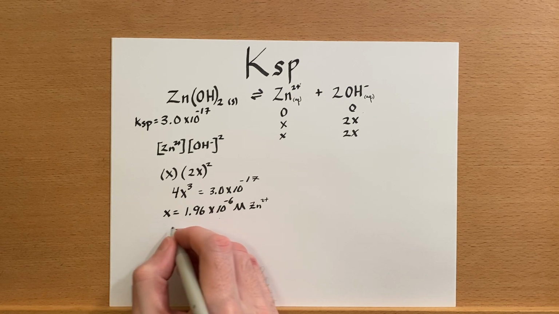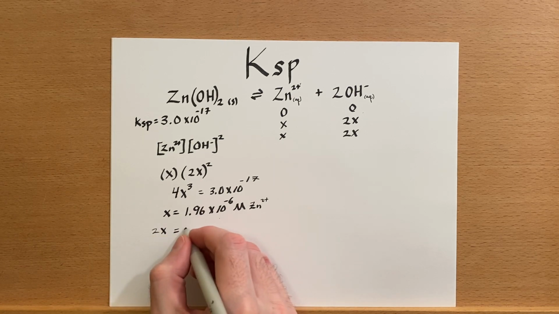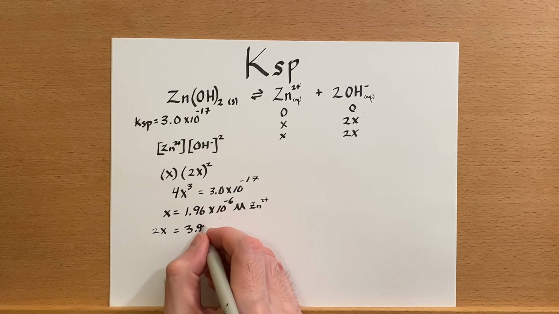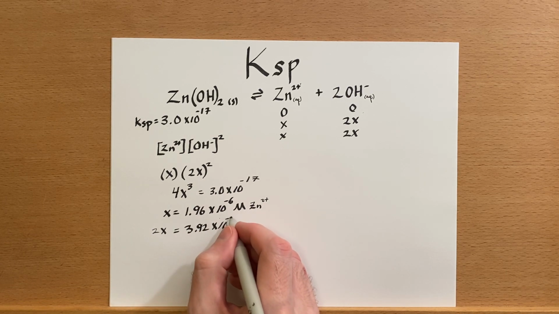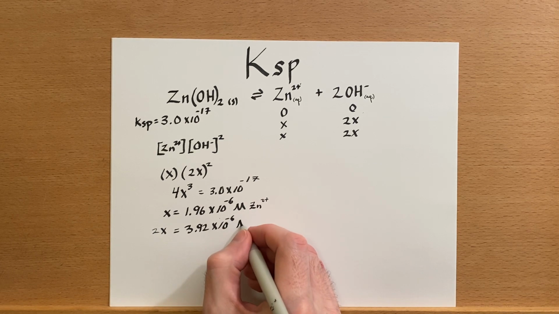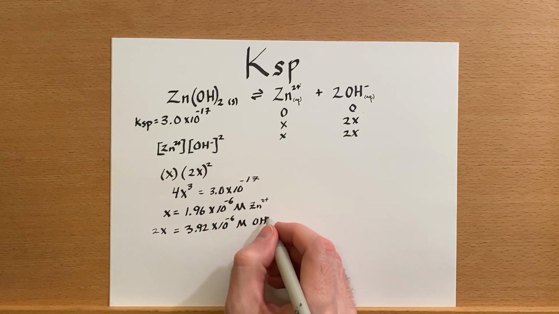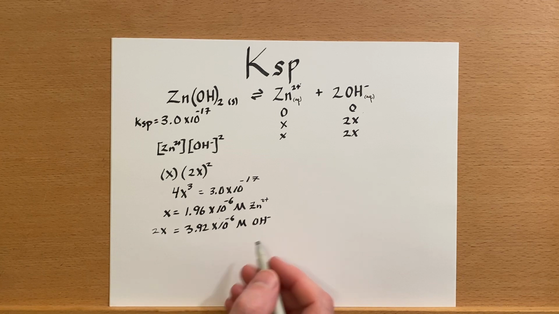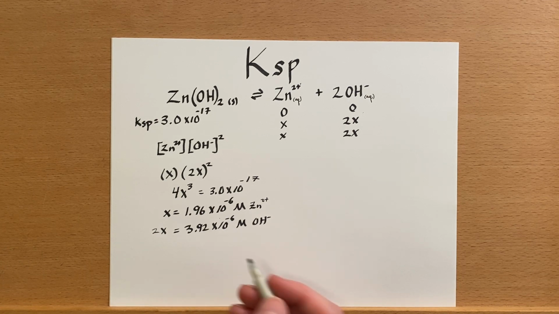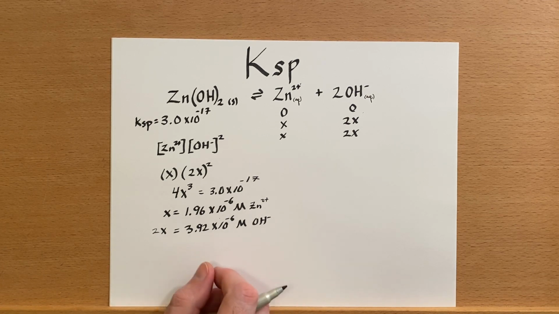So that is 3.92 times 10 to the minus 6, and that's molar hydroxide. And since this is a hydroxide and that's an acid-base thing, if we wanted to, we could actually determine the pH.